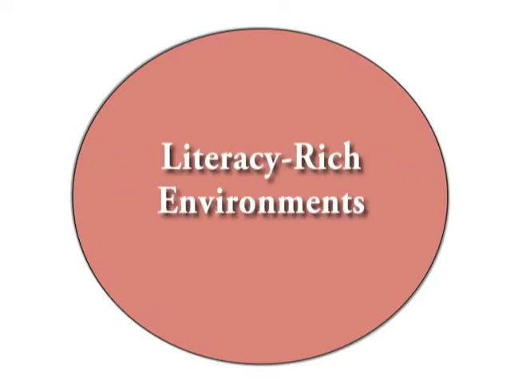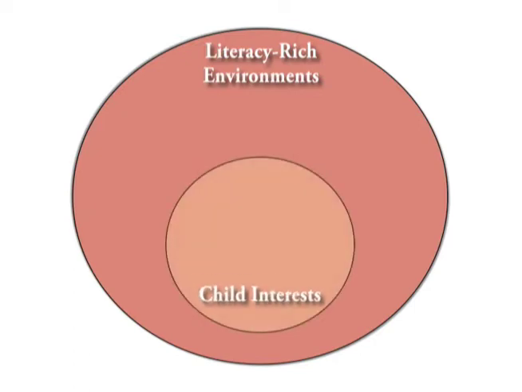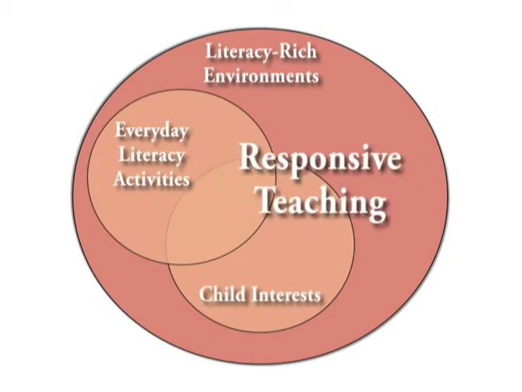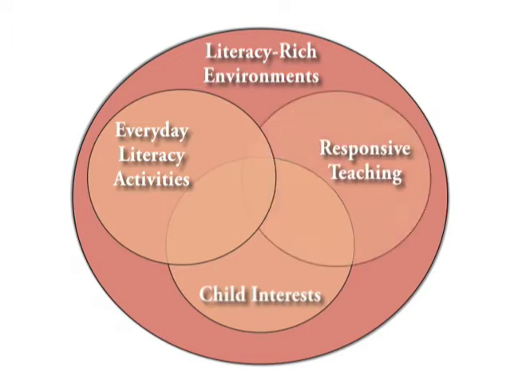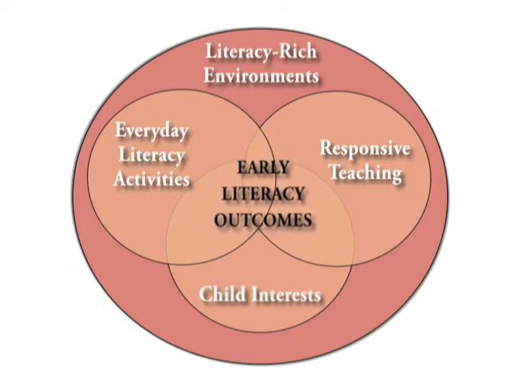The CEL model has 4 components: how literacy-rich environments are set up to provide literacy learning opportunities in home and classroom settings, how interest-based child learning promotes children's emerging literacy competence, how everyday literacy activities occur in everyday places and at any time, and how responsive teaching can be used to support and encourage children's listening, talking, and early reading and writing. This video illustrates the key components of the CEL approach to early literacy learning in home and classroom settings.